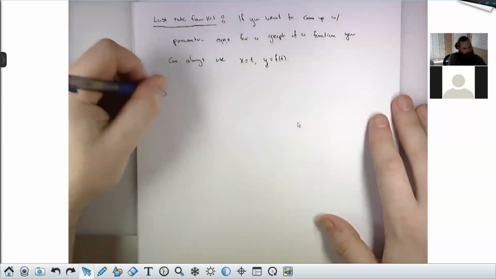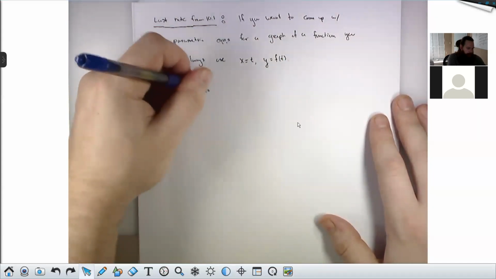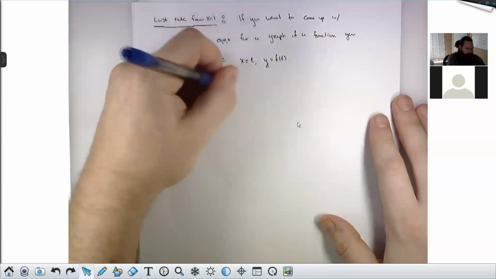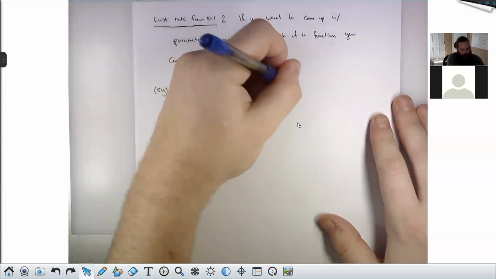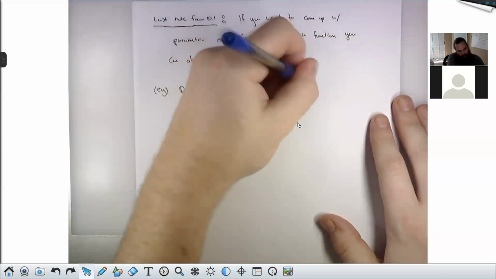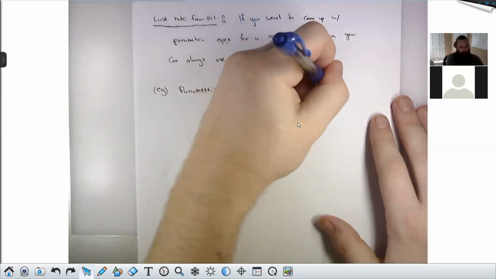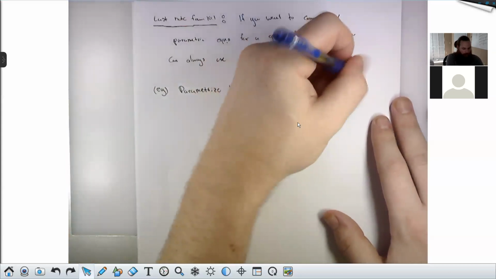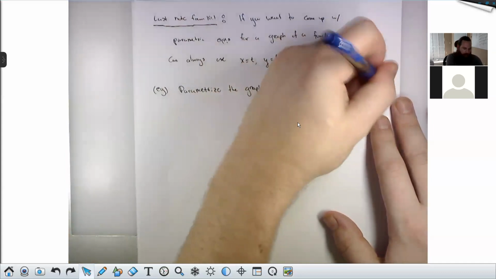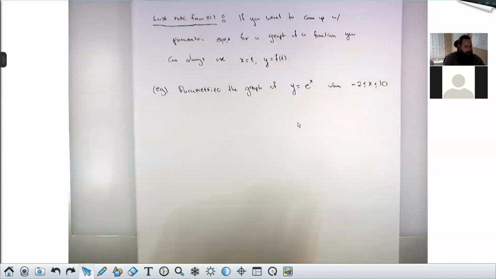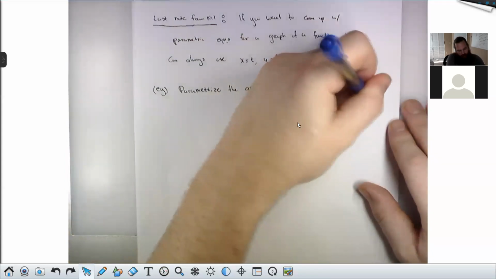So for example, I want to parametrize, that's the word, the verb, the graph of maybe y equals e to the x, where maybe -10 is less than or equal to x is less than or equal to 2.